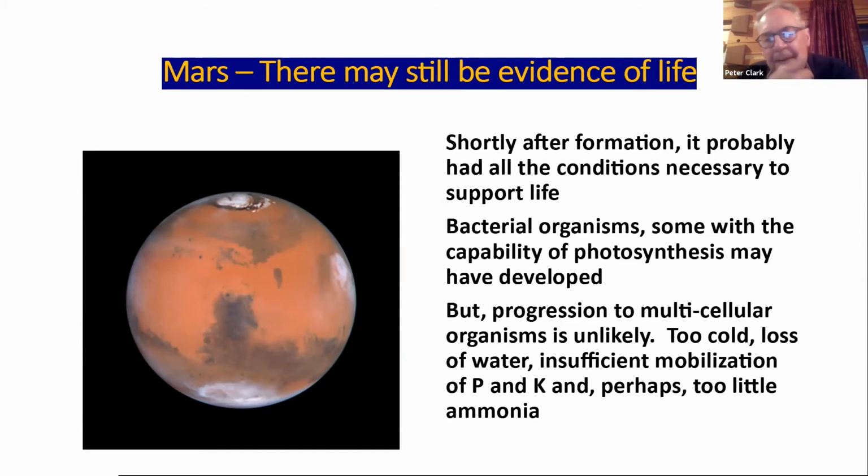The uncertainty I have is, was the water column creating high enough pressure to produce enough ammonia in order to make amino acids, proteins, and all of the other biomolecules that you need? But I've put there, I think progression to multicellular organisms on Mars would have been unlikely. That was because it took close to 3 billion years for this to occur on Earth, and conditions on Mars probably did not remain favorable for 3 billion years. Next slide, please.